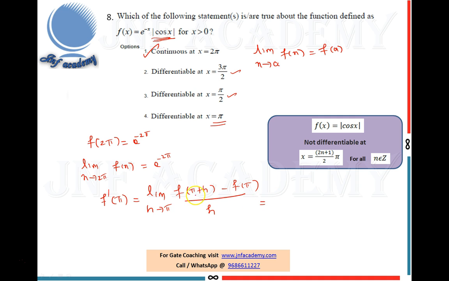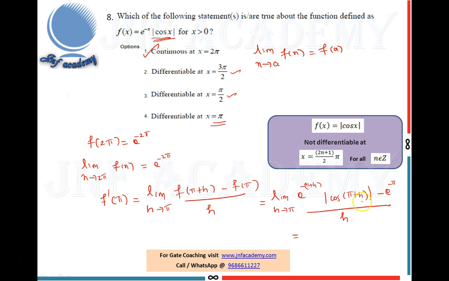Here f of pi plus h is e power minus (pi plus h) into modulus cos of (pi plus h), minus e power minus pi, because f of pi has modulus cos pi equal to plus 1, divided by h.